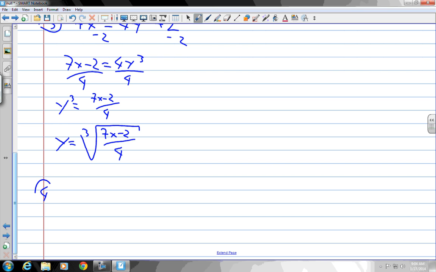This is the first step. The inverse is this. How's that?